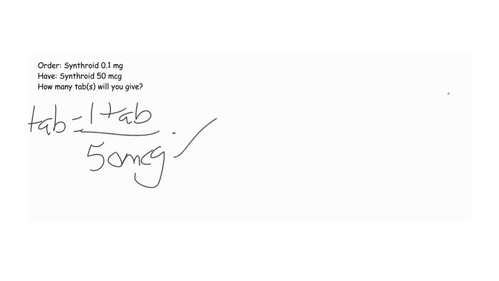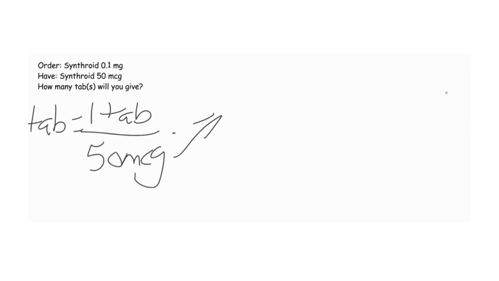Mics, right, has to be in our numerator. Do we have mics in our order? No, so we're going to have to put the conversion in here. Now, you remember our problem before, I wrote out your conversions.